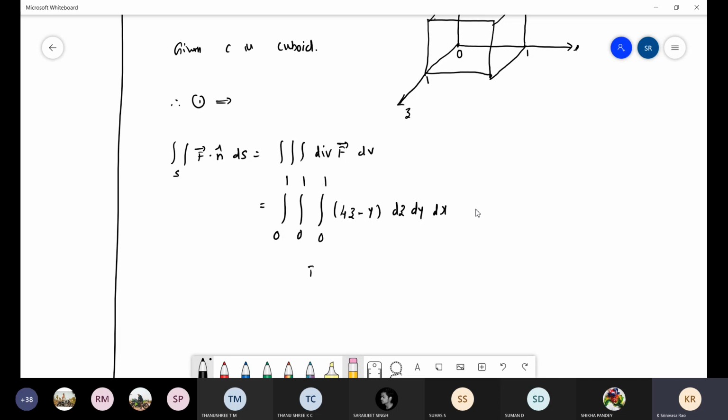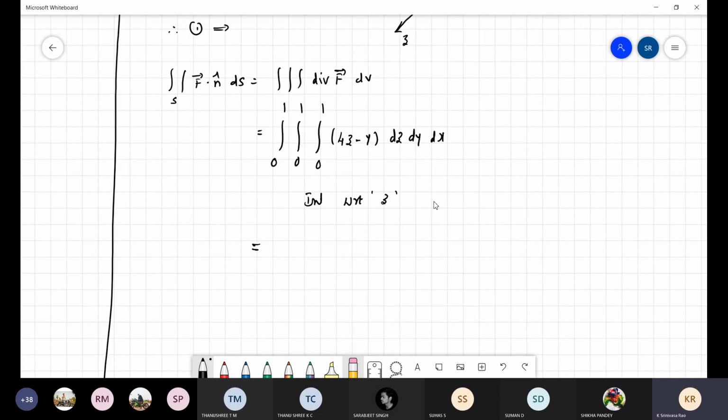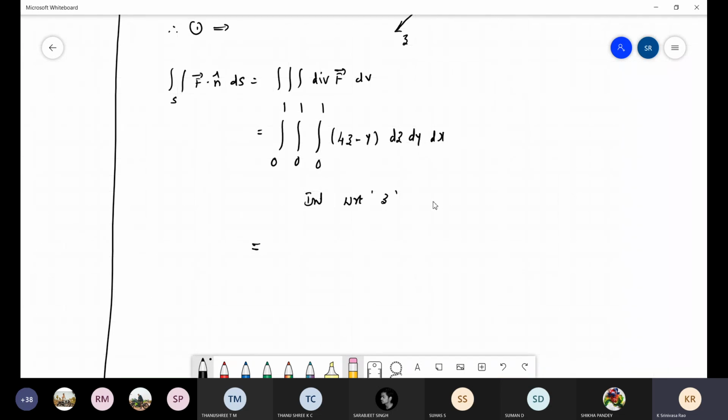Yes, go on, integrate. Integrate with respect to z first. You should solve the problem quickly, because this is very simple. Once you know the procedure, time management is very important. With respect to z, I will write the integrals as they are, 0 to 1, 0 to 1.